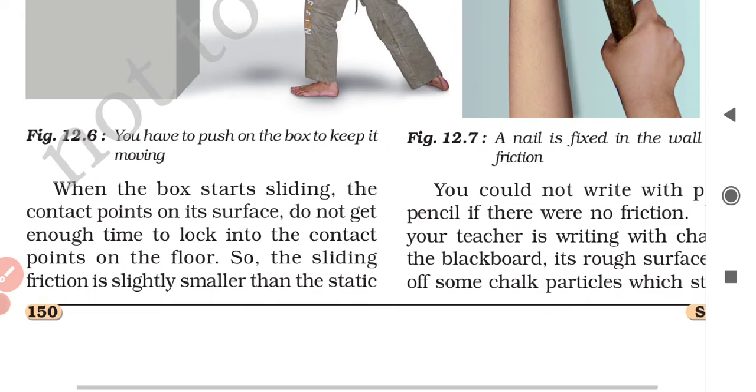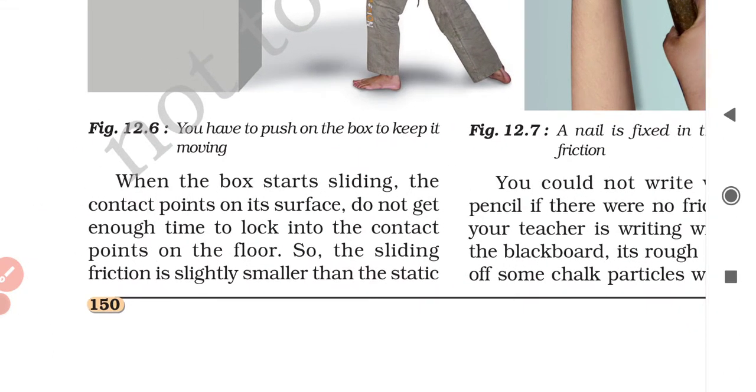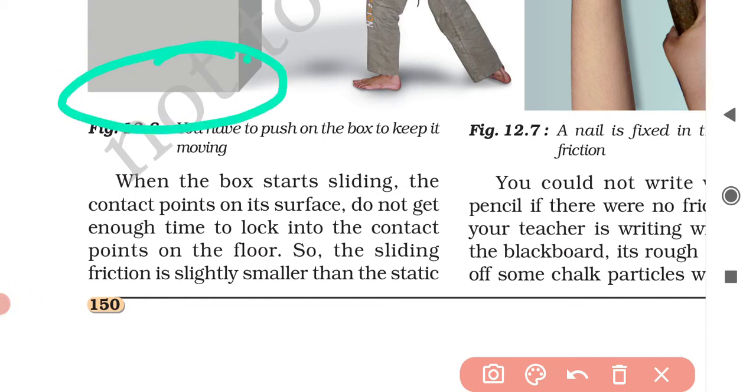When the box starts sliding, the contact points on its surface do not get enough time to lock into the contact points on the surface of the floor.